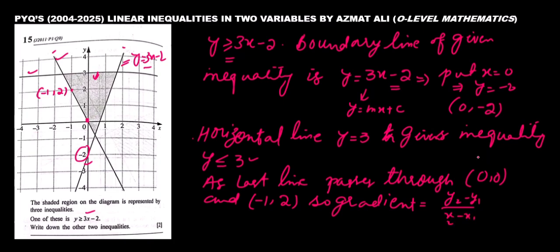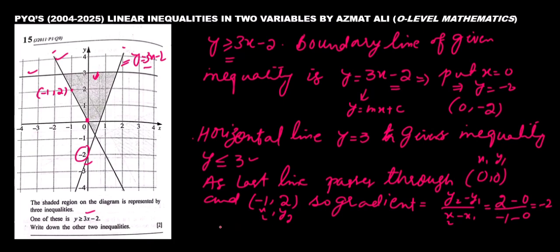We take this as my x1, this as my y1, this as my x2, and this as my y2. Now put y2 is 2, y1 is 0, x2 is minus 1, x1 is 0. So your gradient is minus 2 here.